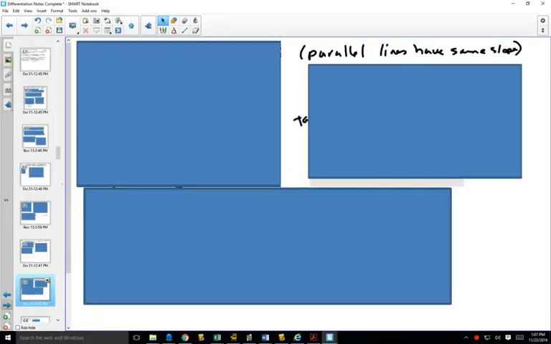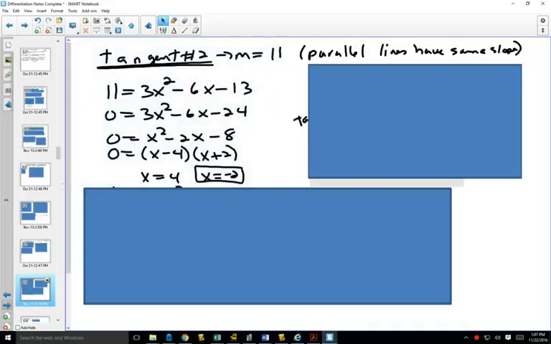If we know the slope of that green line, we can plug that into our tangent formula, right? When we found the derivative, it finds the slope of every single tangent. And if we put 11 in for the derivative, we have to solve this quadratic equation. One of the answers is 4, which we already knew.